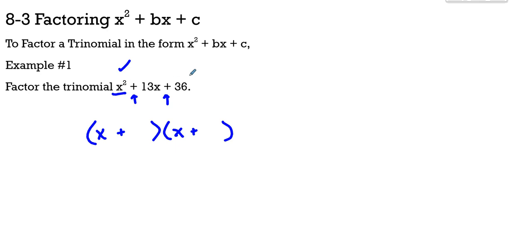Then I'm just asking what numbers multiply together to give you 36 and add together to give you 13. That would be 4 and 9. So the factored version of x squared plus 13x plus 36 is x plus 4 times x plus 9.